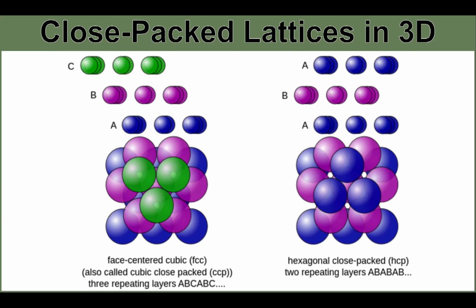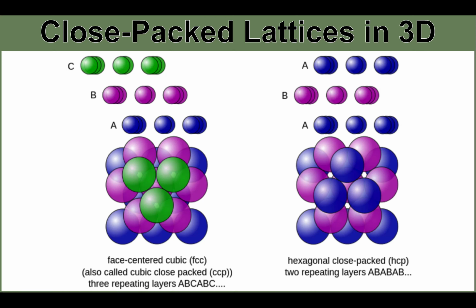So why is it important to know all of these? What's the importance of the packing? The arrangement of atoms in a crystalline solid affects atomic coordination numbers, interatomic distances, and the types and strengths of bonding that occur within a solid.